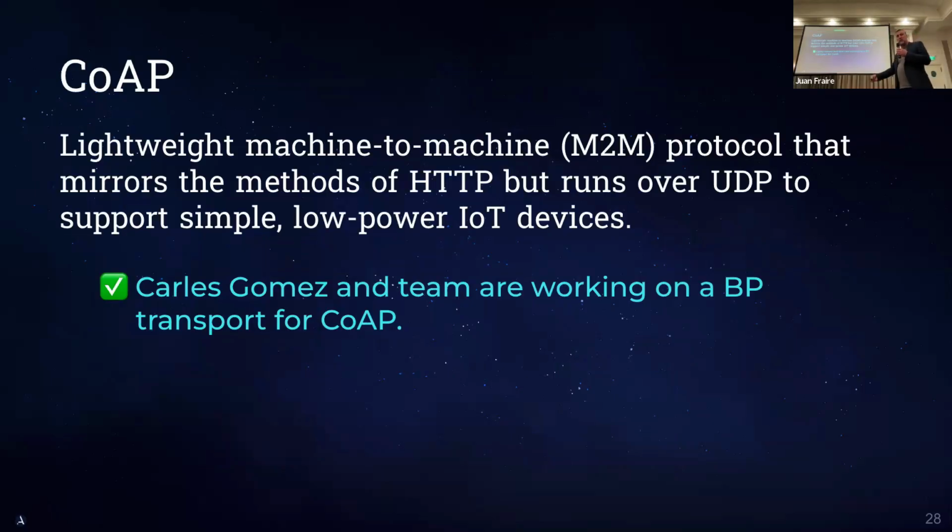And Carsten Bormann and associates, who are very, very smart cookies, unpicked the semantics of REST and rebuilt a really nice CBOR-based IoT protocol. And Carlos Gomez and his team are already pushing forwards a proposal to run CoAP natively over BP. We don't even need to do that while they're doing the work, which is great.